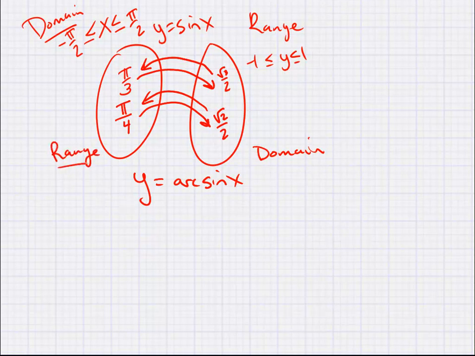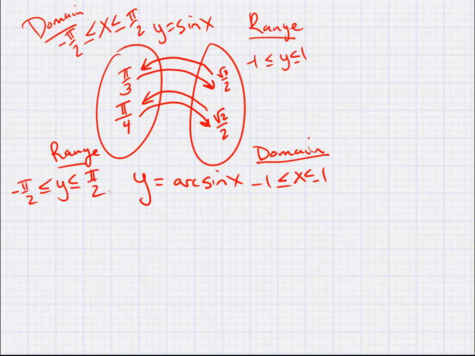And one thing that happens when it comes to inverse functions is that the domain and range for the original function are flip-flopped in the inverse. So in this case, the domain is my x values are between -1 and 1, and my y values are going to be between -π/2 and +π/2.